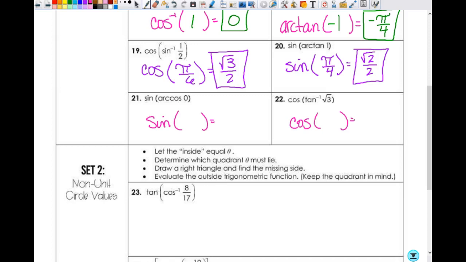All right, Ricky, pick somebody for 21. Manuel, 21. You've been chosen. So I want the sine of the arc cosine of 0. So what is the arc cosine of 0? Put negative pi halves. Okay, so negative pi halves does give me a cosine value of 0. However, when I do arc cosine, what am I restricted to?